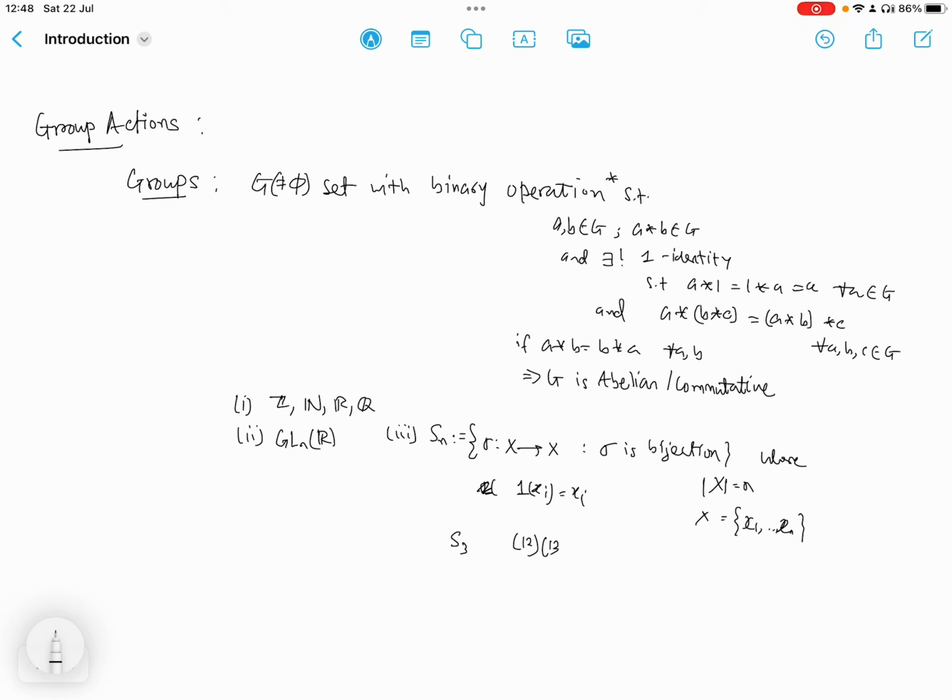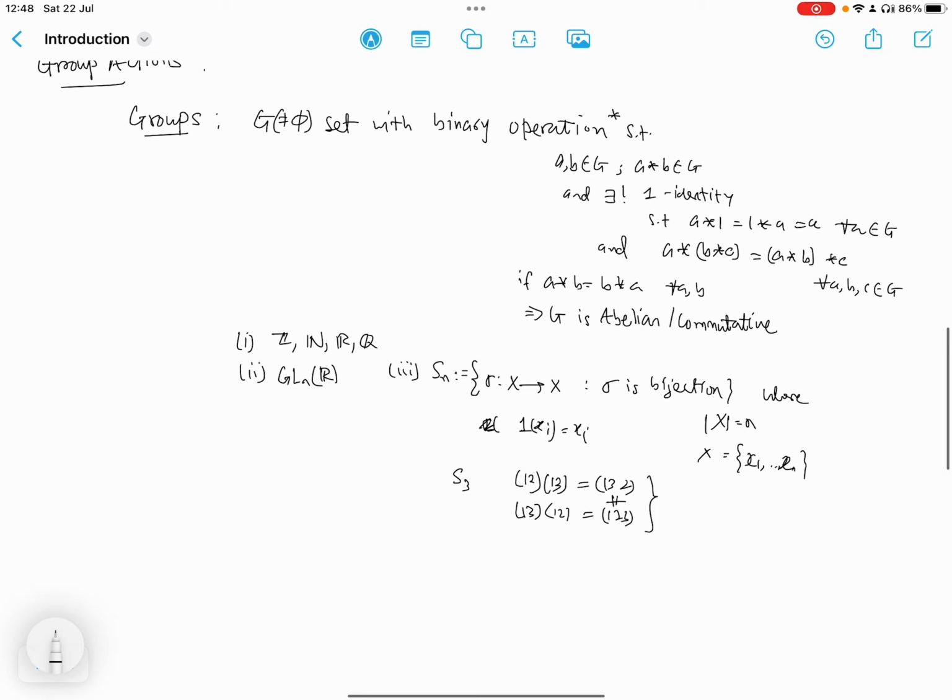Similarly for (1 3), you can easily see this is (1 3 2) and this is (1 2 3). So they are not equal, of course, so this is a non-commutative group.